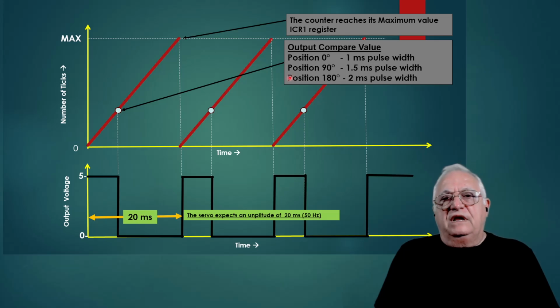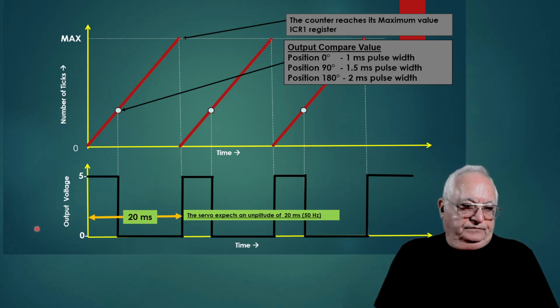And if we want a 180 position, we want the arm of the servo motor to move to 180, then we need to generate 2 milliseconds, which means the output compare number of ticks is going to have to be equivalent to 2 milliseconds. So the position of the servo motor is controlled by the output compare.